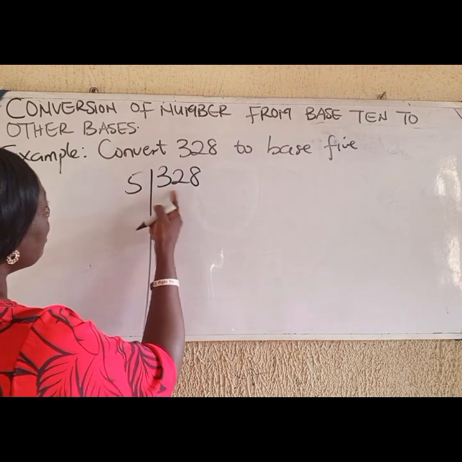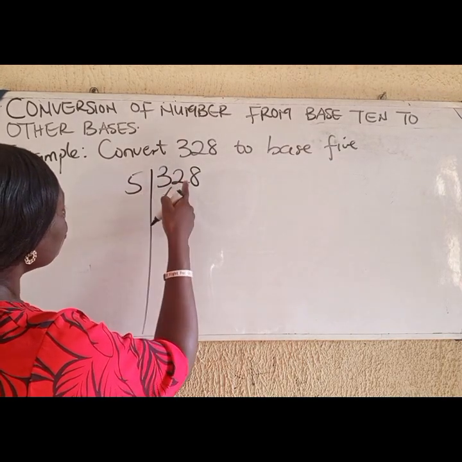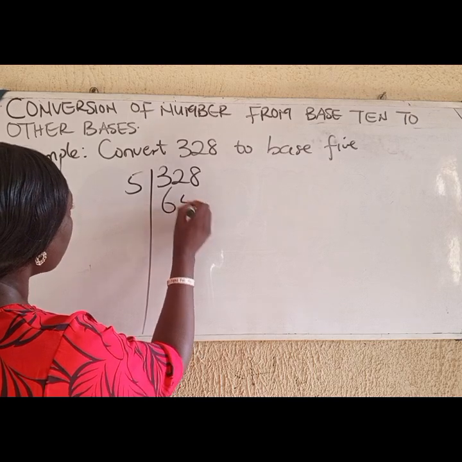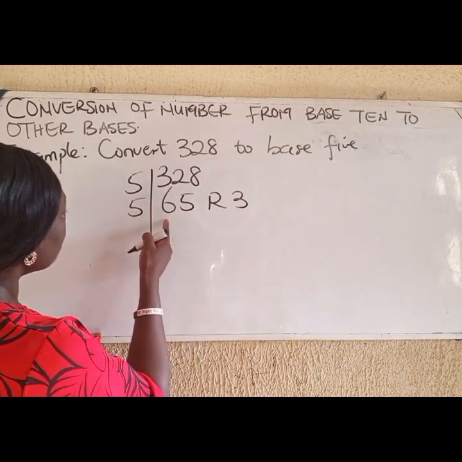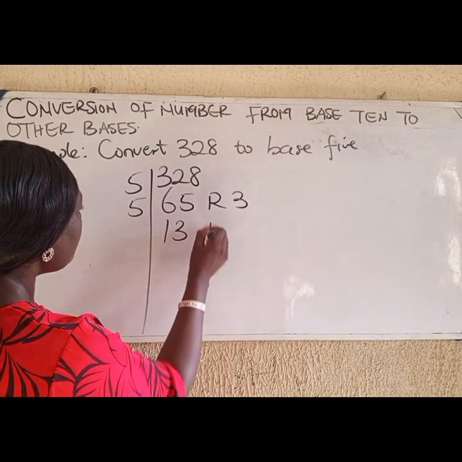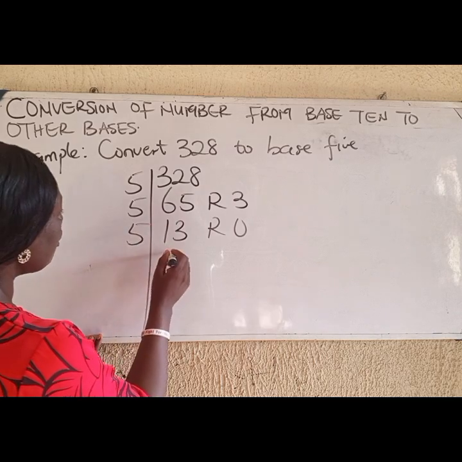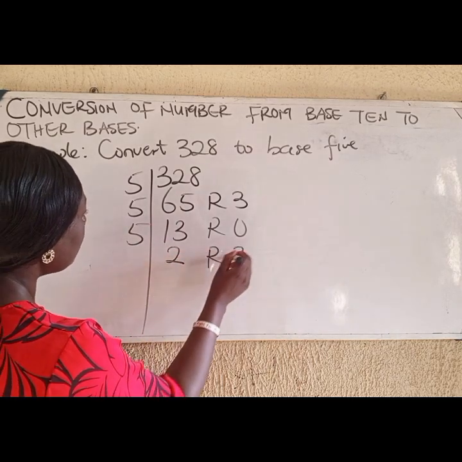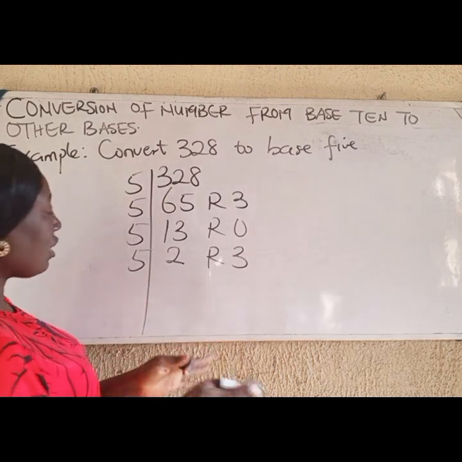Now 5 goes into 32 will give me 6, remainder 2. 5 into 28 will give me 5, remainder 3. Now 5 again. 5 into 6, 1, remainder 1. Into 15, 3, remainder 0. Nothing remains. So 5 into 13 will give me 2, remainder 3. Then 5 into 2. 5 cannot go into 2 and give you a whole number.